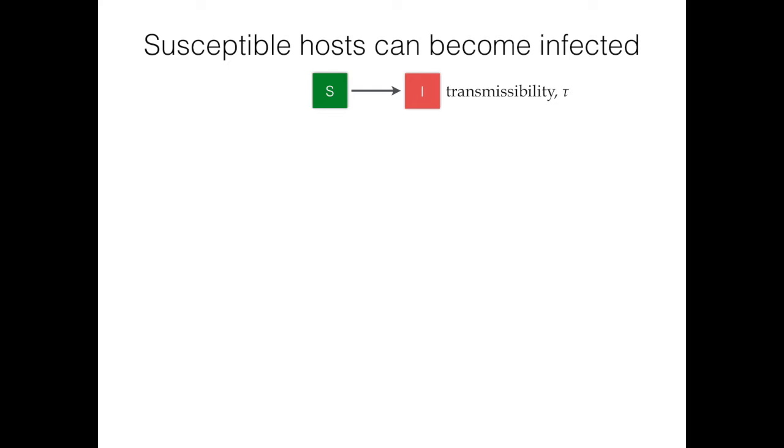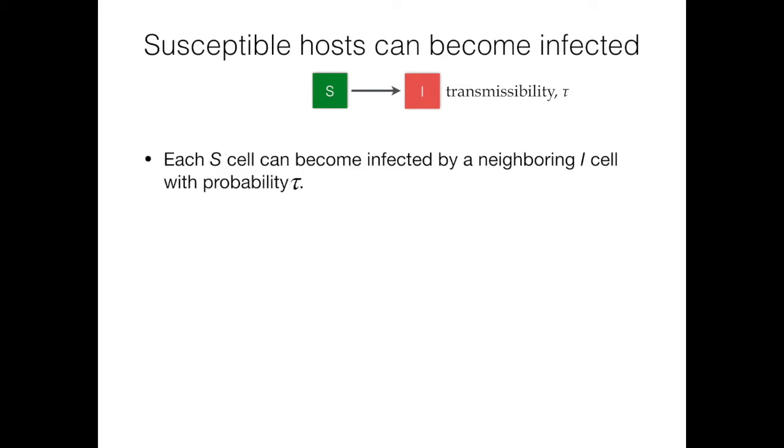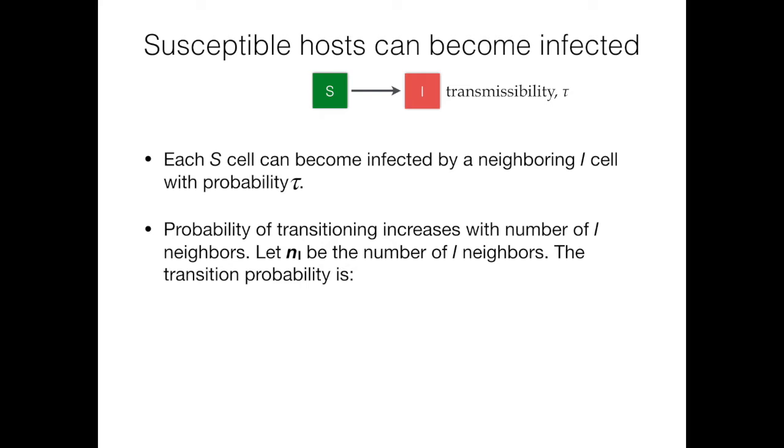Next, susceptible hosts can become infected hosts. A susceptible host becomes infected by one of its infected neighbors with probability tau. This is sometimes called the transmissibility of the pathogen. As before, the probability of becoming infected increases with the number of infected neighbors, and again is equal to 1 minus the joint probability that none of one's infected neighbors transmits the pathogen.